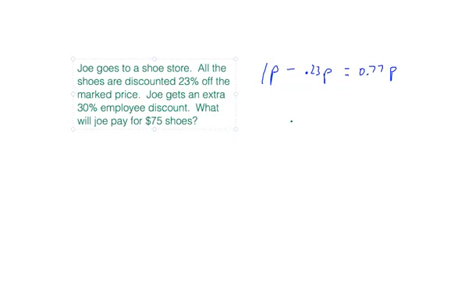So the shoes are being discounted 23% off. And then they're being discounted another 30%. So we're going to take that 75 and subtract 23% of 75.